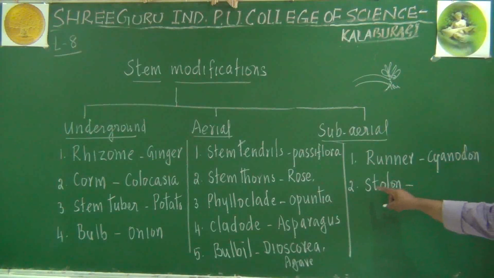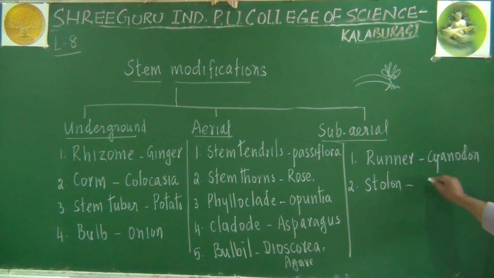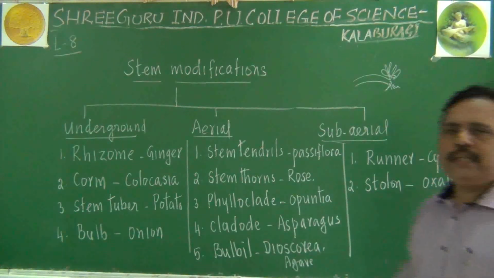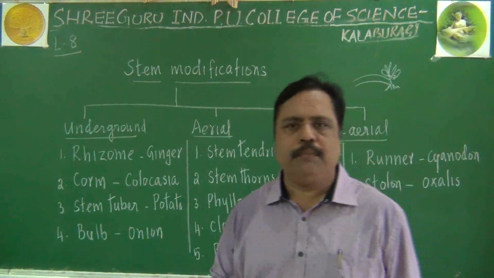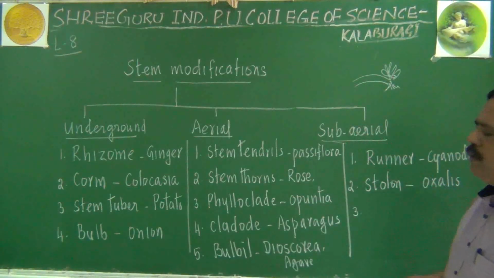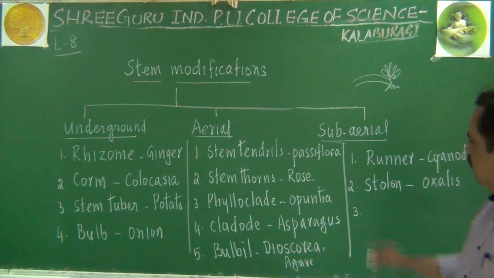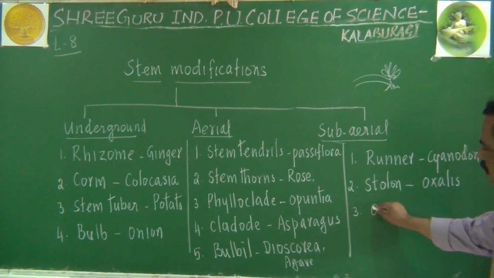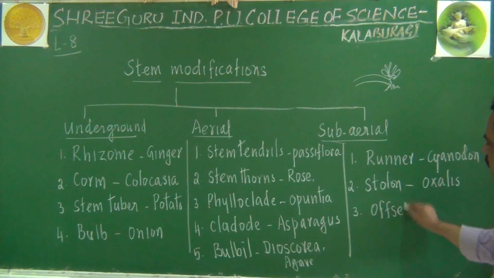For stolon, you might have heard examples like oxalis. Oxalis exhibits a stolon type of stem modification. I also told you about a third type of subaerial modification. Runner, stolon, the third one is called offset.